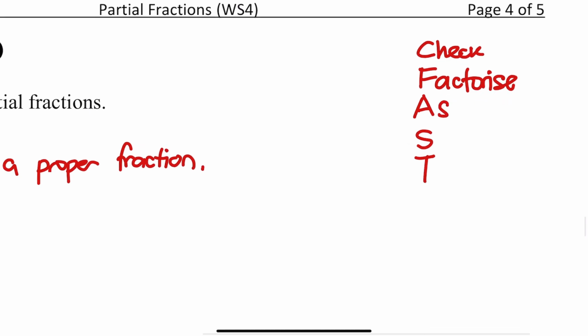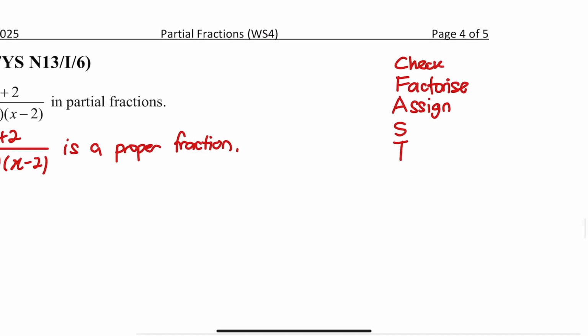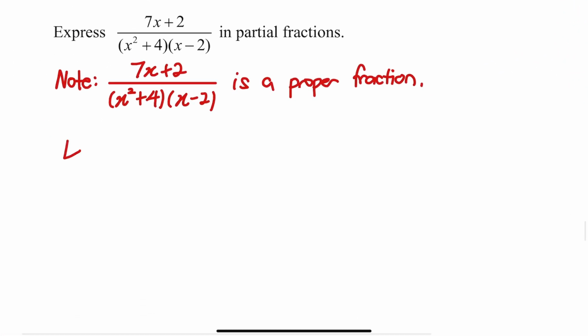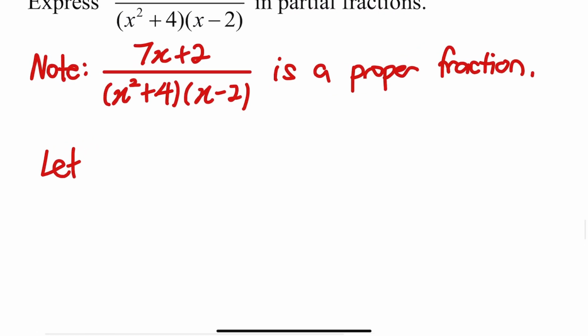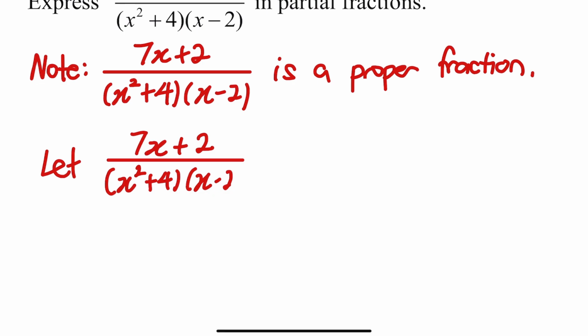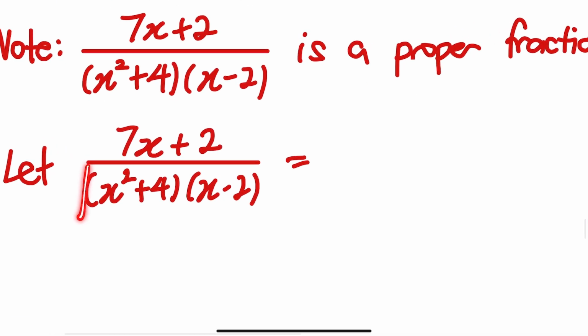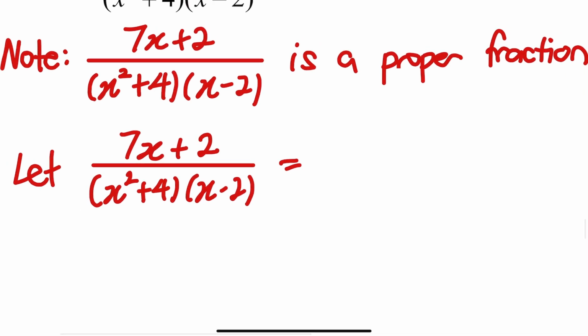Next step, assign. What does assigning mean? It means that since I factorized the denominator fully, I'll let this fraction (7x plus 2) over (x squared plus 4)(x minus 2) be equal to its partial fractions. So I check this denominator here. x squared plus 4 is an irreducible quadratic factor because I cannot factorize this any further.